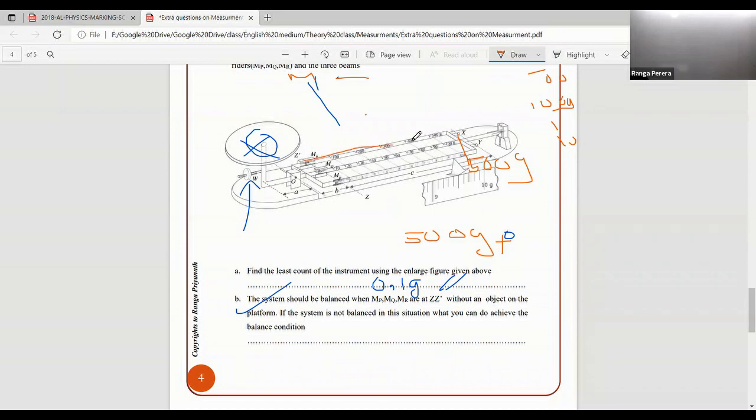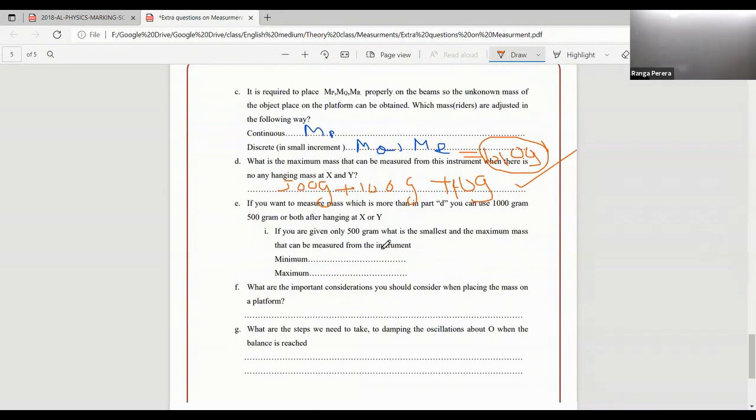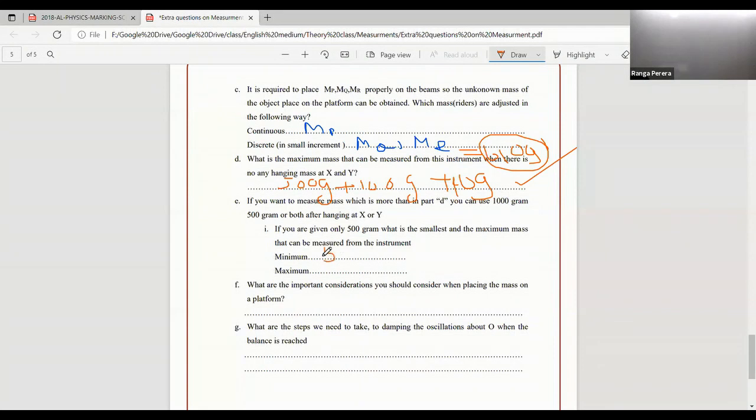If you take these riders at that point, this rider at that point, this rider at that point, what is the total mass that you can measure? It is 610. So altogether 500 plus 610 means how much? Minimum is 500 gram. Maximum is 500 plus 610, altogether 1110 gram. It is the answer.